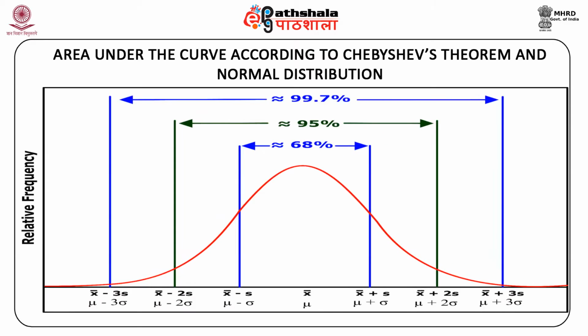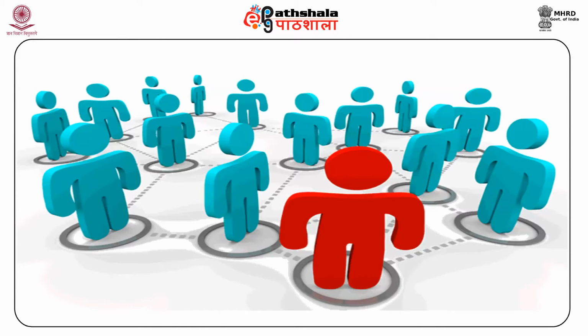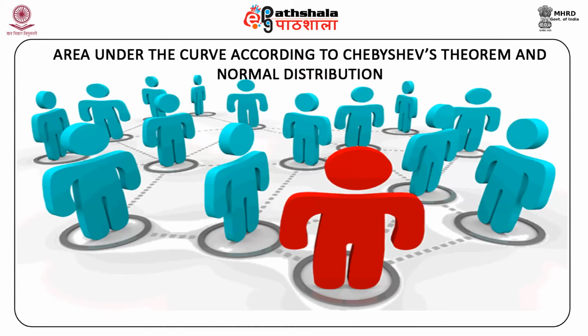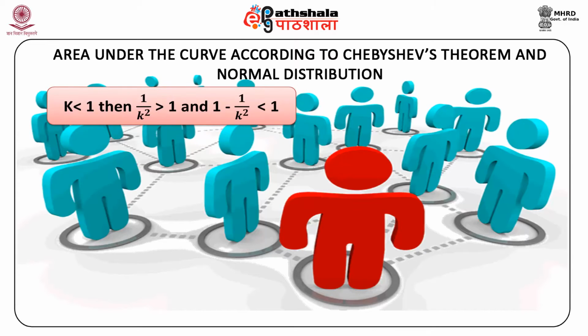Figure 2 explains for 2 and 3 standard deviations when data is normally distributed. When the Chebyshev theorem is relegated to situations where the form of distribution does not matter or is unknown, therefore its results are usually weak. Further, when k is less than 1, then 1 upon k square is greater than 1 and 1 minus 1 upon k square is less than 1.